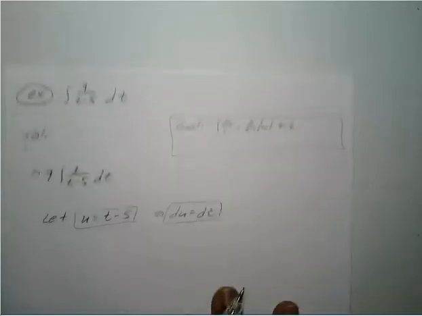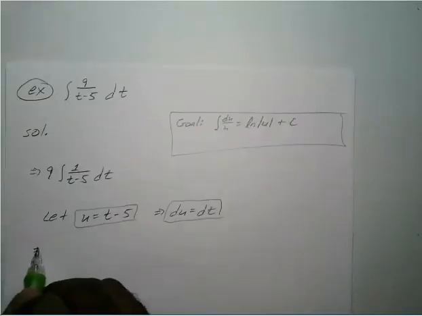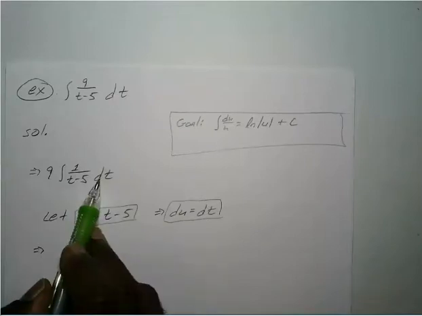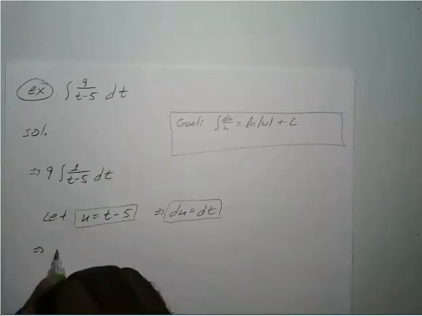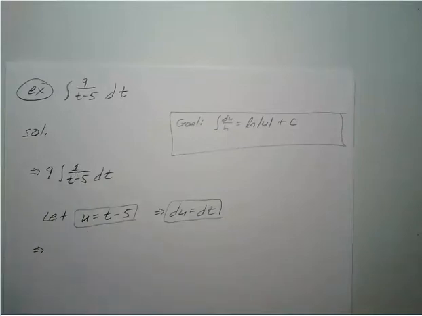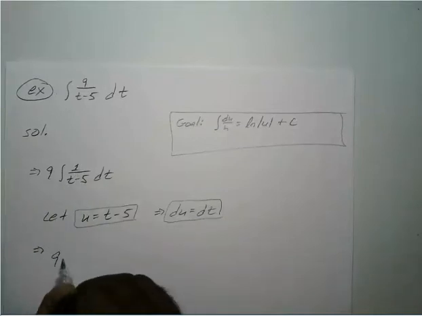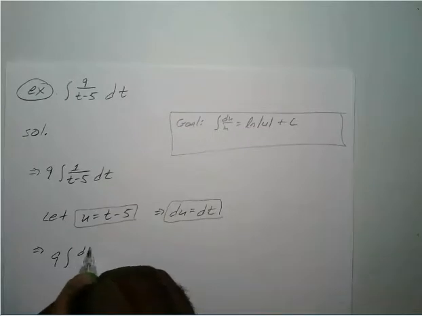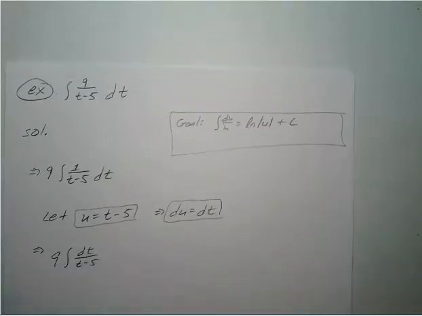All right, so we're just going to get that dt and move that up to the top. Like I said, you don't have to. It's just to help visualize it. So you have 9 times the integral of dt over t minus 5.